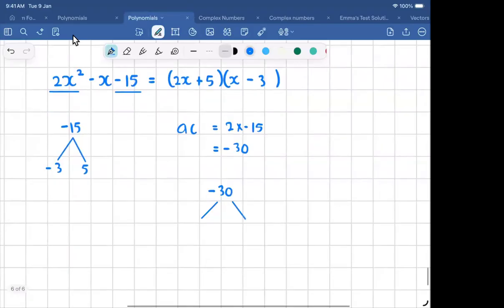So my question now is: what two numbers could I multiply to get back minus 30? That's my question.